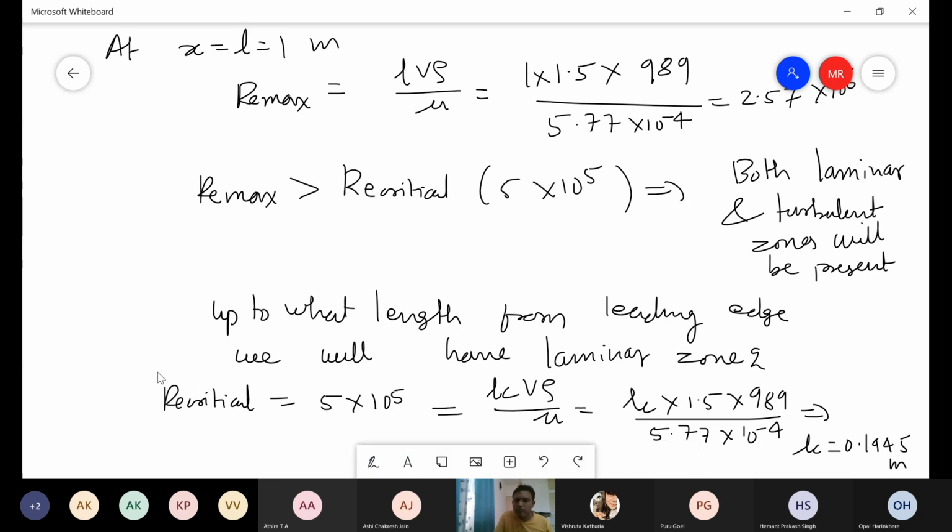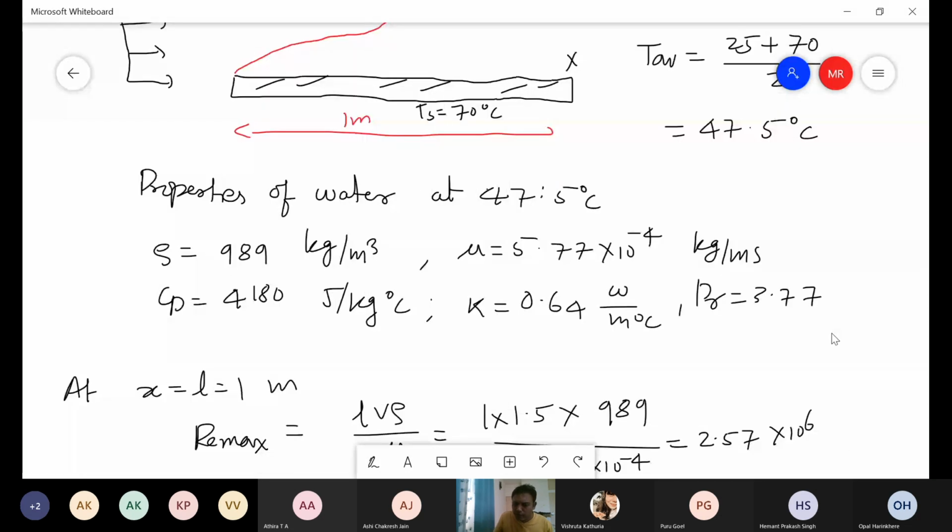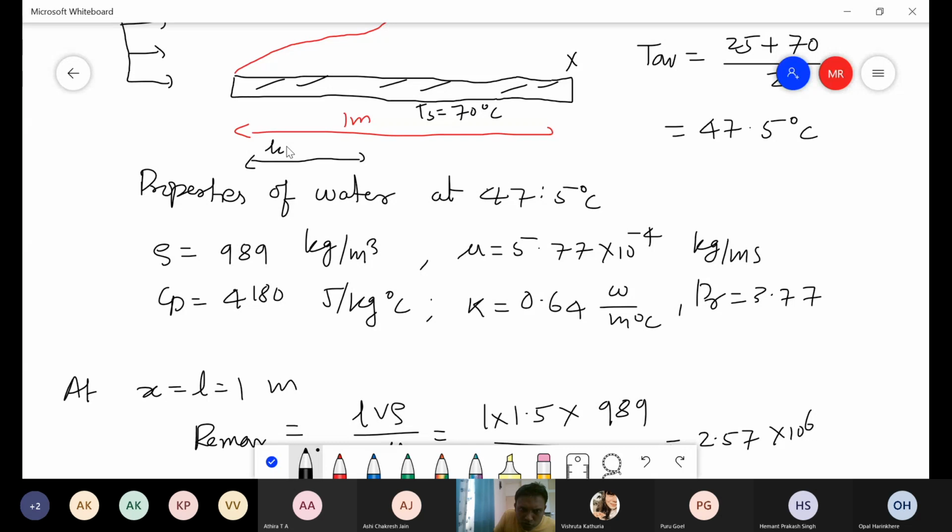So what it means is, if we look at this particular figure, between this length, which is Lc equals to 0.1945, we will have laminar zone, and after 0.1945 to 1 we will have turbulent zone, isn't it? Is it clear?